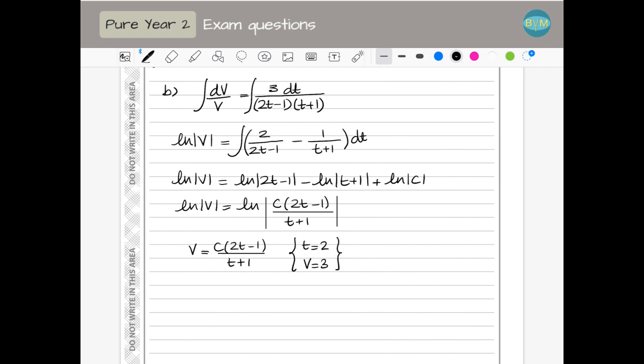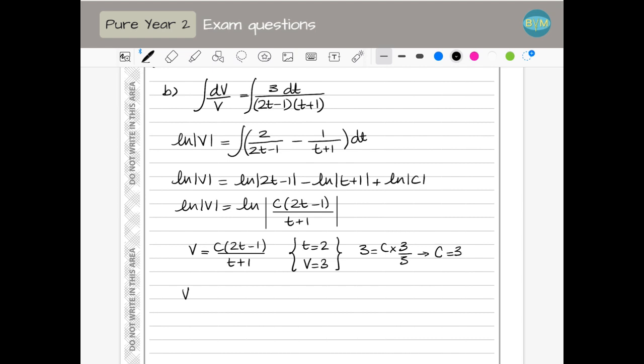I'm going to substitute that in my expression and find c. So v is 3, c, and then when t is 2, I have 2 times 2, 4 minus 1, 3, and the denominator is going to be 2 plus 1, 3.